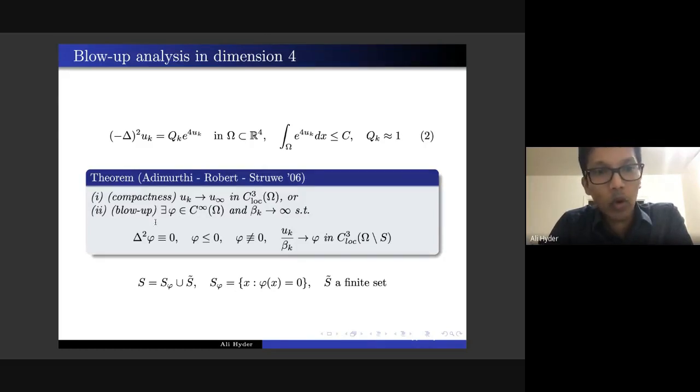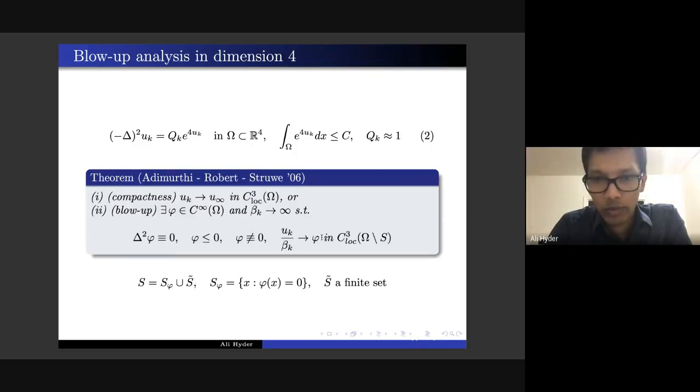But now the blow up part is completely different from the previous one. What we can say is that there are some large numbers beta_k going to infinity, and if we divide u_k by beta_k, then it converges to a function phi. This is a biharmonic function, Laplacian squared phi equals 0. It is non-positive and non-trivial.